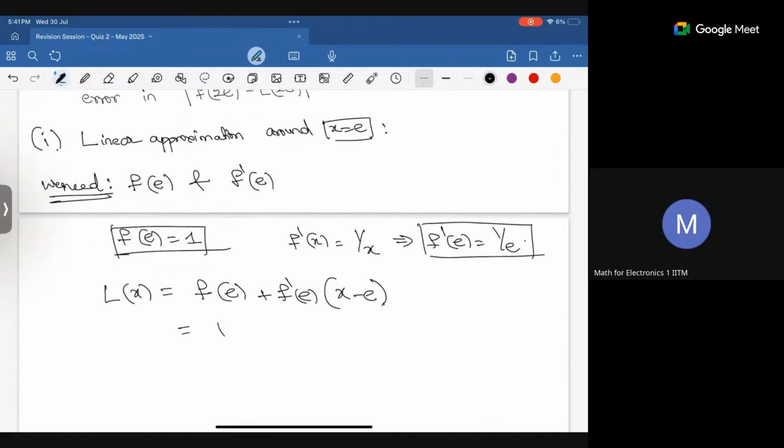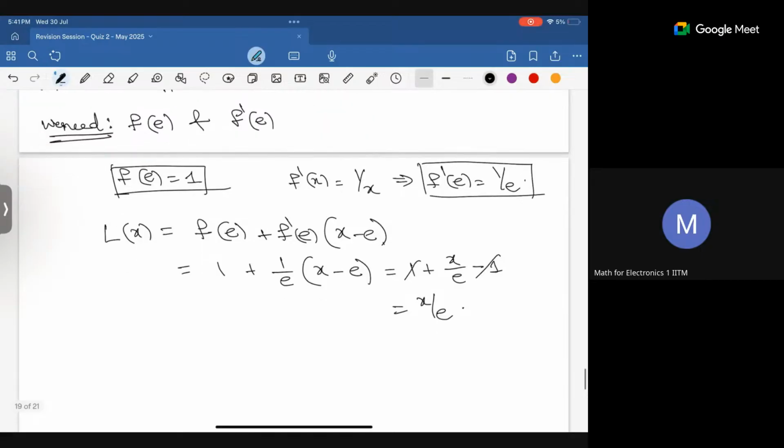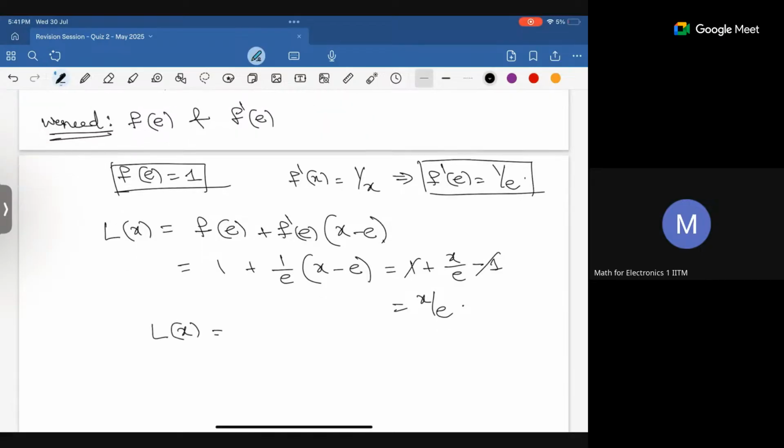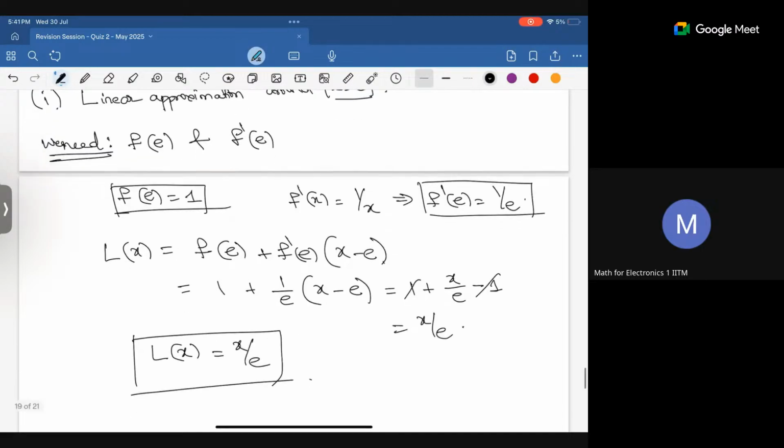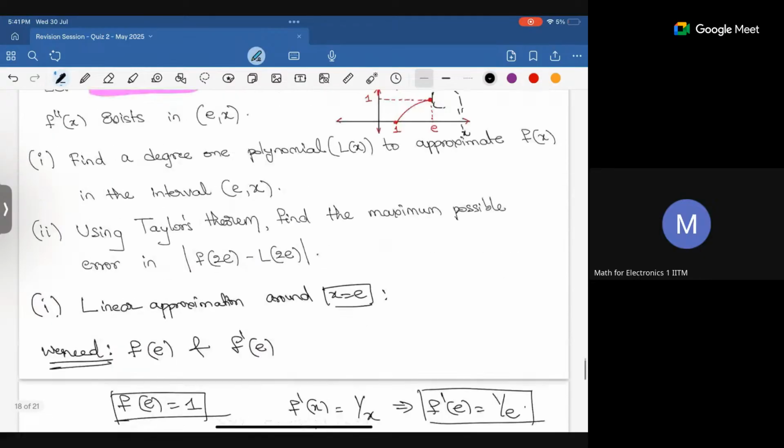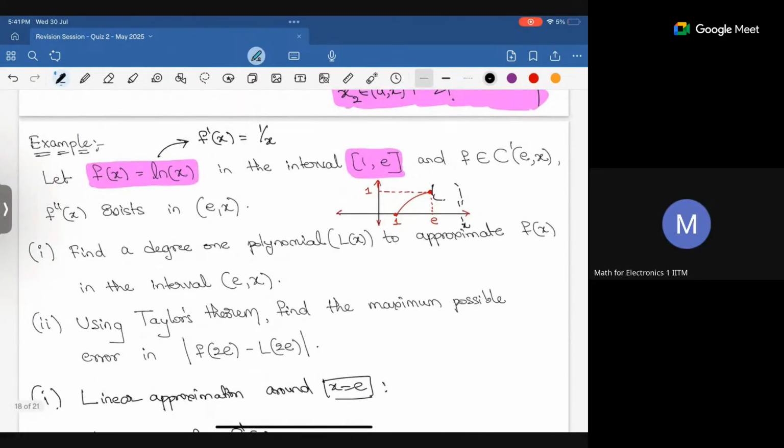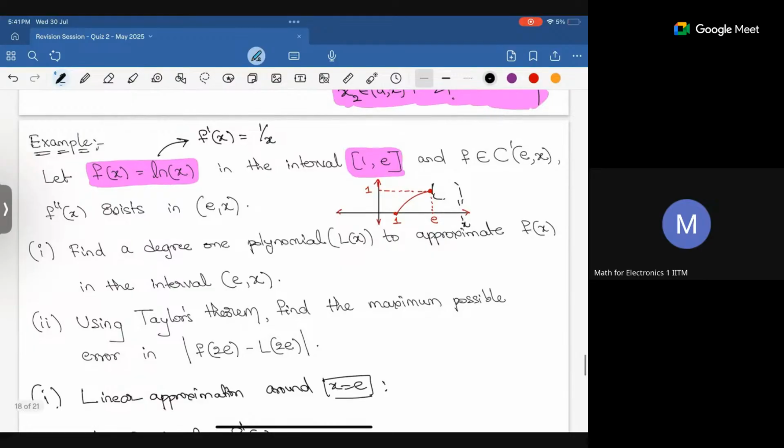If I substitute, 1 plus 1 by e into x minus e, we get 1 plus x by e minus 1 by e into e, which will give me 1. This and this will get cancelled out. We'll get a straight line with slope 1 by e. So L of x is x by e. So we have L of x, a linear approximation for this function f of x around x equals e, and that is what they asked in part 1.